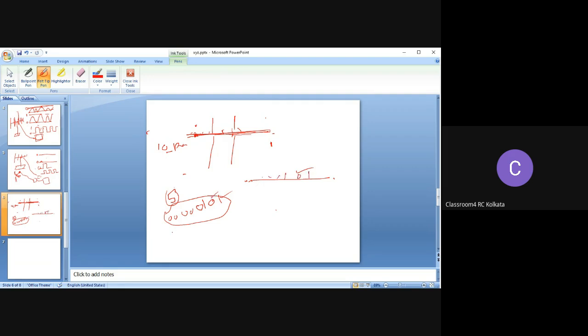Or for 8 bits, if you use 8 lines, like for 10 persons if you use a very wide bridge, they go simultaneously, not one by one. They can go parallelly, all at the same time. It is parallel transmission.